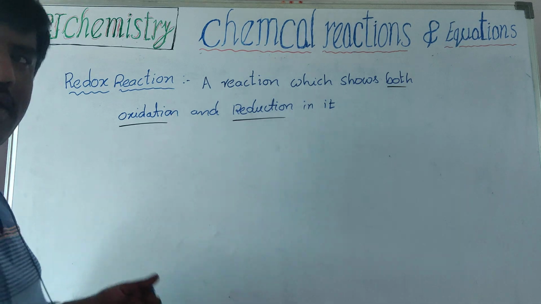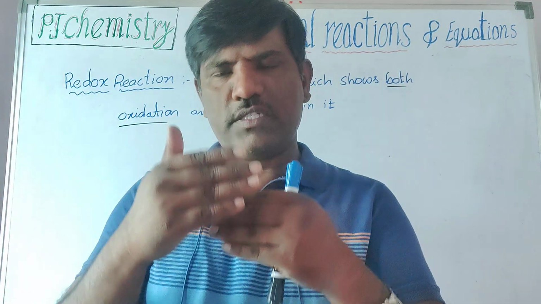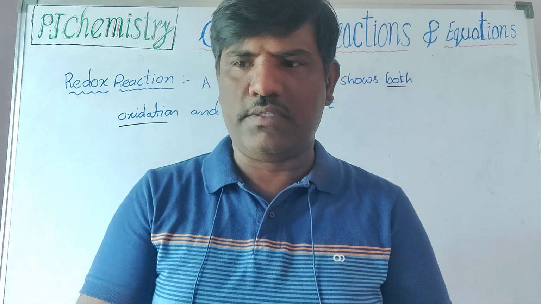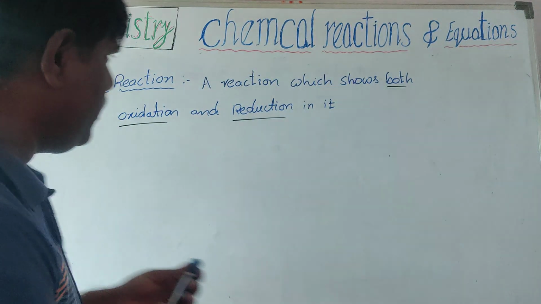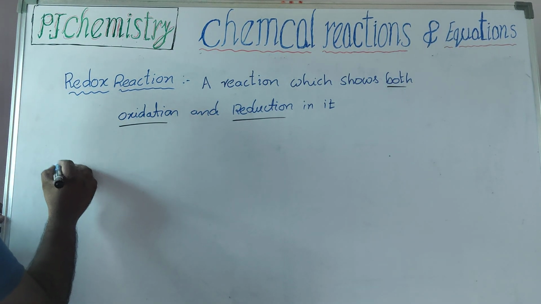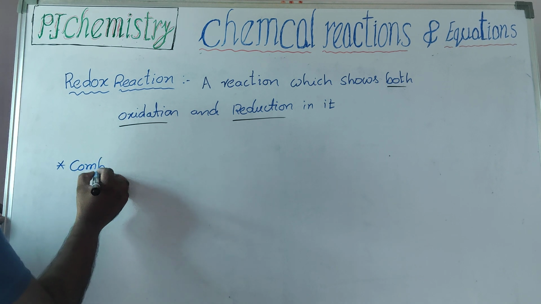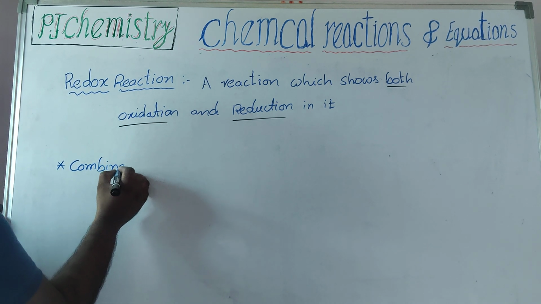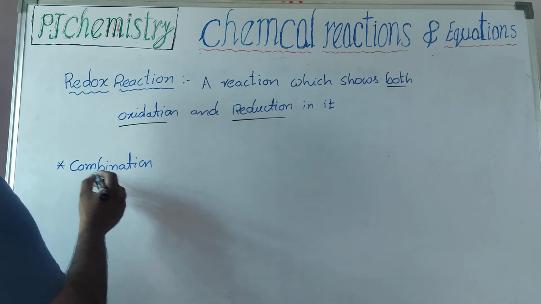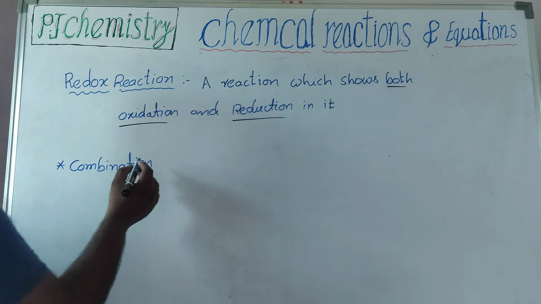For example, here I will explain reaction-wise how to find out oxidation, reduction, redox reactions. First, I am going through examples of combination reactions. In a combination reaction, how to find out oxidation, reduction, redox reaction.